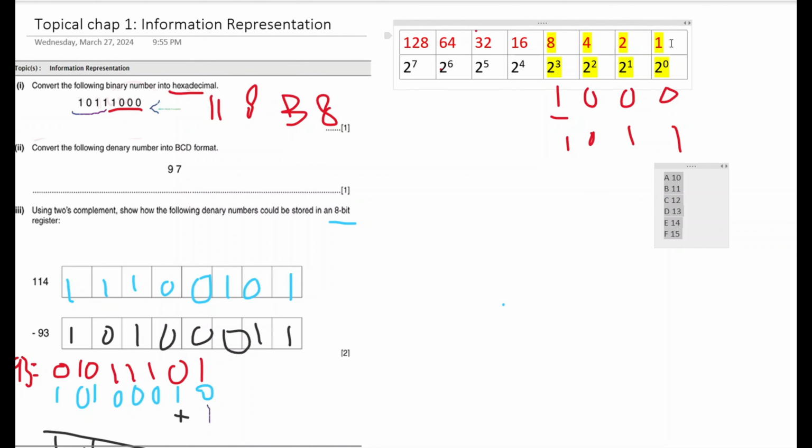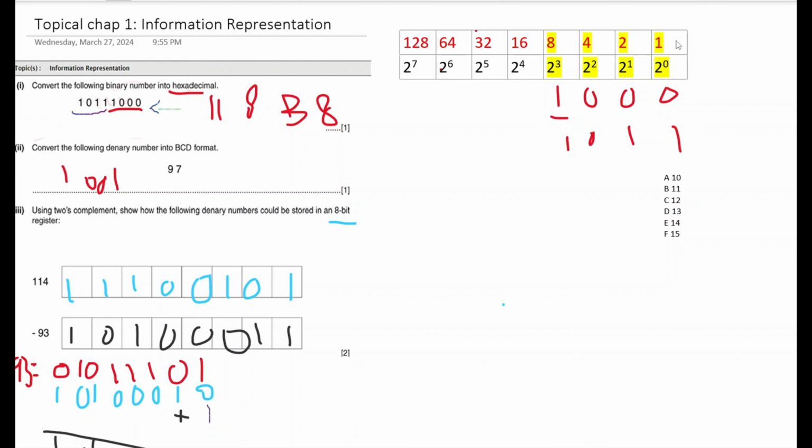For 9, if I add the powers 8 plus 1, I will get 9. So my equivalent code for 9 is 1001. Then separately I will write the 4-bit number for 7. For 7, I add 4, 2 and 1, so I will get 7.